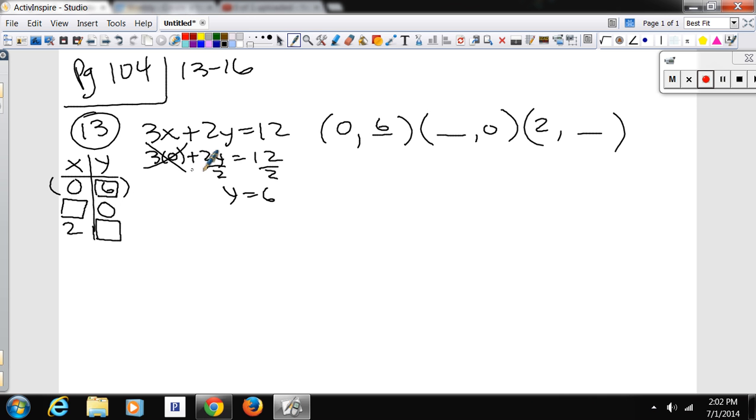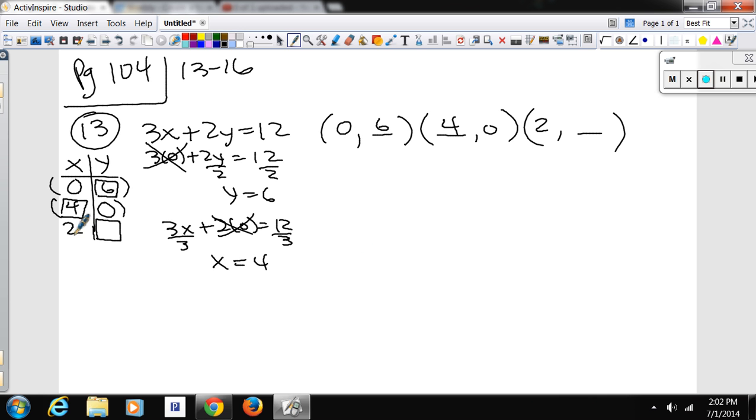If I put a 0 in for y, it would be 3 times x plus 2 times 0 equals 12. That cancels out because 2 times 0 is 0. Divide by 3 and you get x equals 4. So the point 4, 0 is another point on that graph.